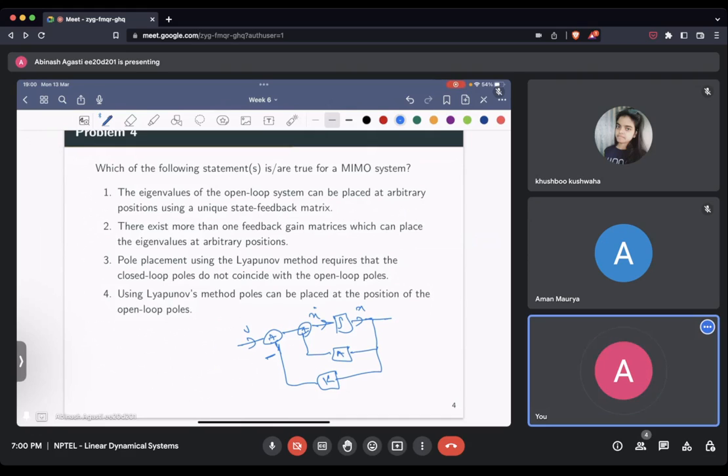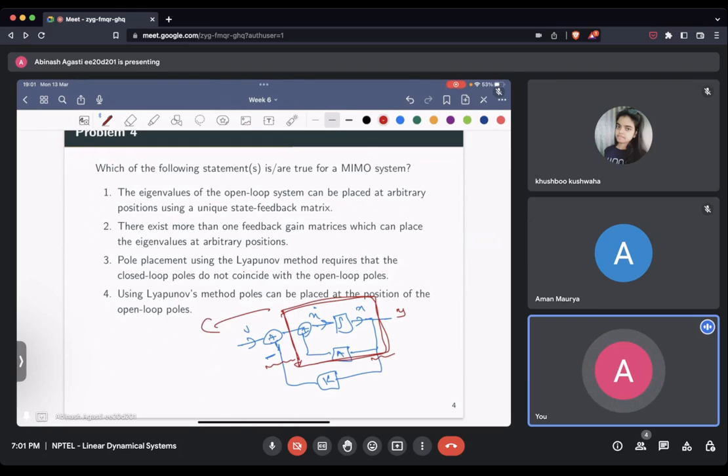So what we are saying is, if we did not have this feedback, then the system would have been open loop, right? Then the transfer function from u to the output is given by this part without any feedback. So that means this is the open loop system. So the open loop poles correspond to this system.